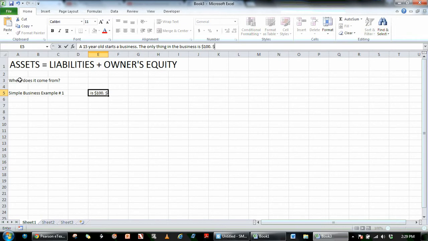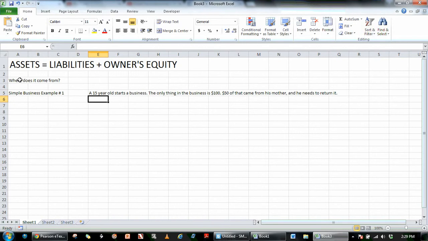Okay? $50 of that came from his mother, and he needs to return it. All right? Very, very simple. So, based on that, we know our equation: assets equals liabilities plus owner's equity.